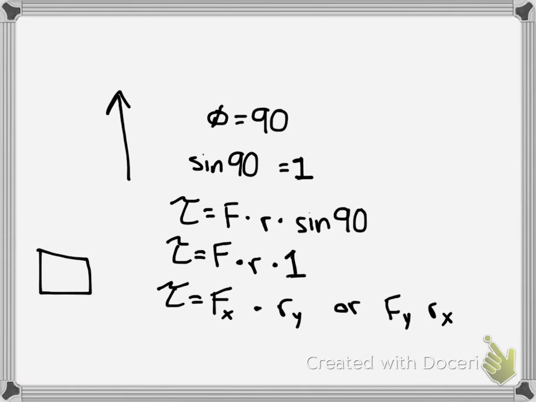That means that if the force has an x component, the radius has a y component and not an x component. And it works the same way around. If the force has only a y component, then the radius has only an x component. This only works when the angle is 90 degrees.